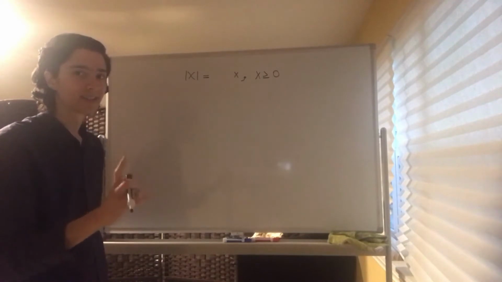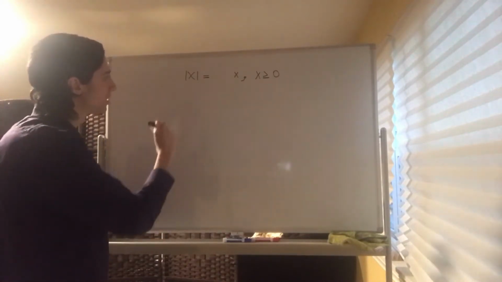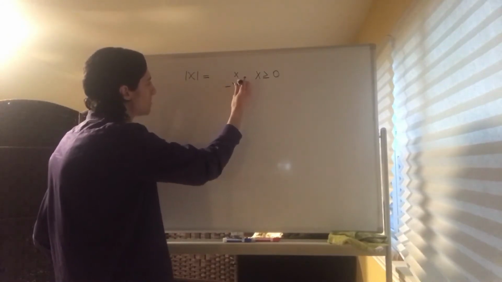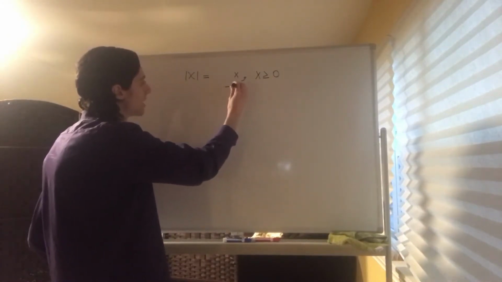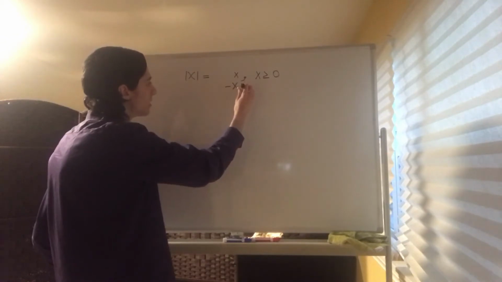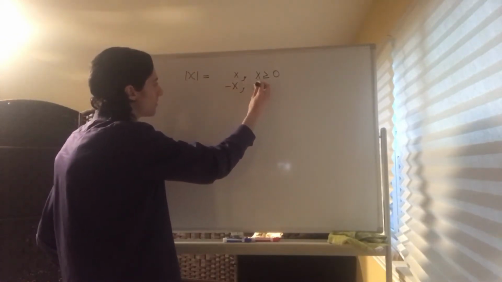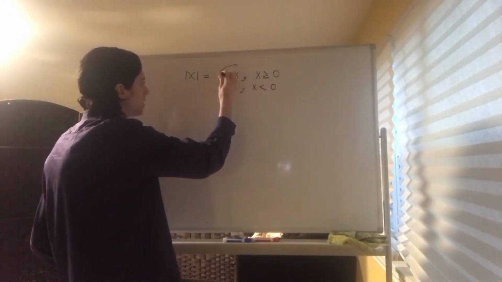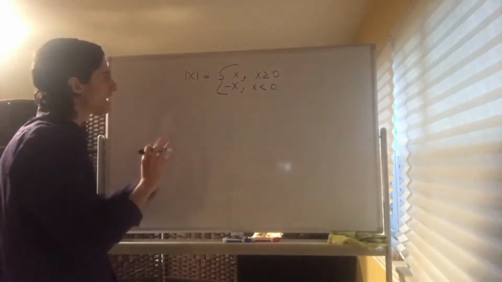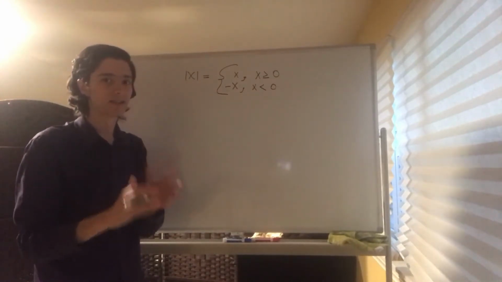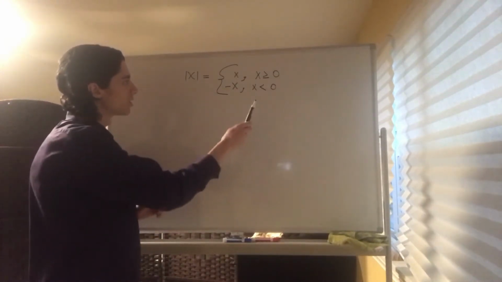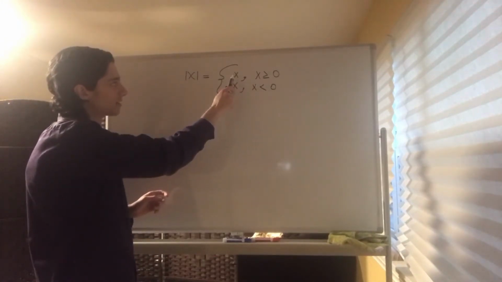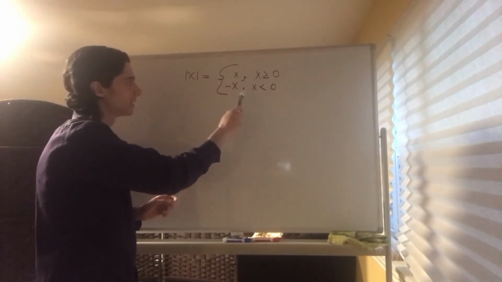However, when x is negative, we multiply by -1. So therefore, if x is negative, the absolute value of x is equal to -x. So we can write that here. So this kind of definition takes our x and says, under certain circumstances, it will equal positive x, and under certain circumstances, it will equal -x.